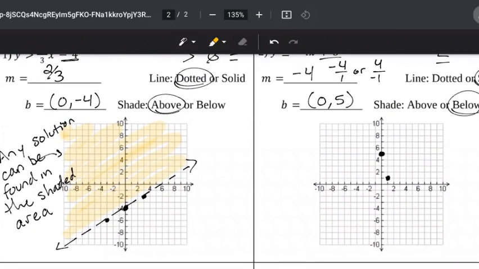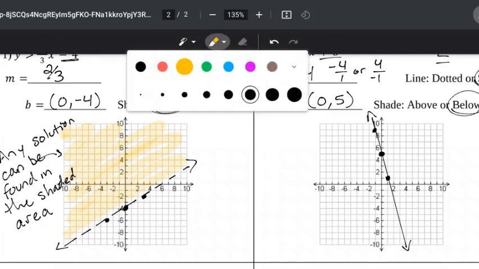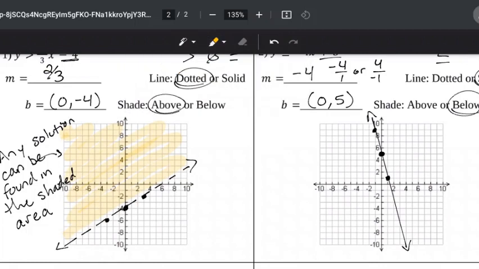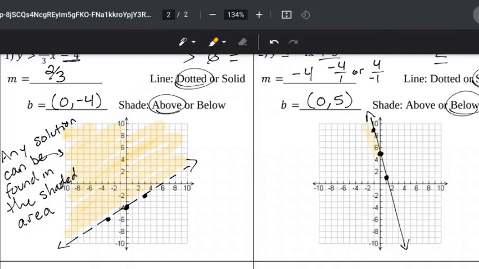So we go up 4 to the left 1. This one is a solid line. Grab my highlighter. And now we need to go ahead and shade below the line.